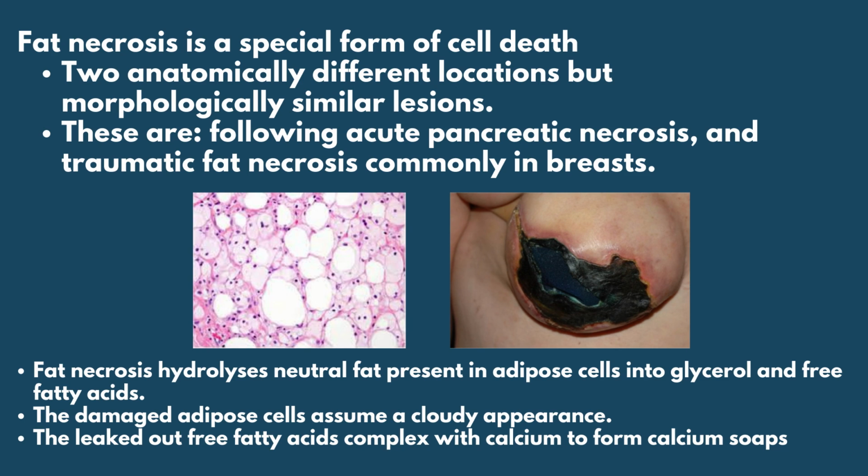Fat necrosis is a special form of cell death, and it appears in two anatomically different locations but with morphologically similar lesions. So these are the following acute necrosis, such as pancreatic necrosis and traumatic fat necrosis, which are commonly found in the breast, as shown in the picture below.